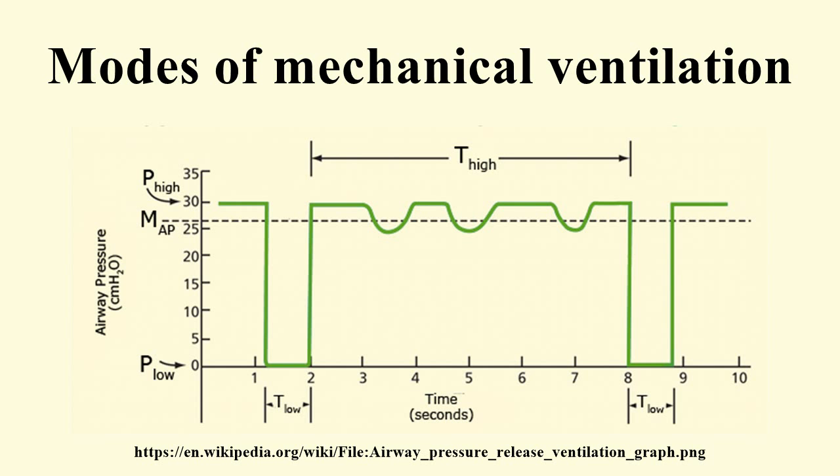Volume control means that both volume and flow are preset prior to inspiration. In other words, the right-hand side of the equation of motion remains constant while pressure changes with changes in elastance and resistance. Pressure control means that inspiratory pressure is preset as either a constant value or it is proportional to the patient's inspiratory effort.